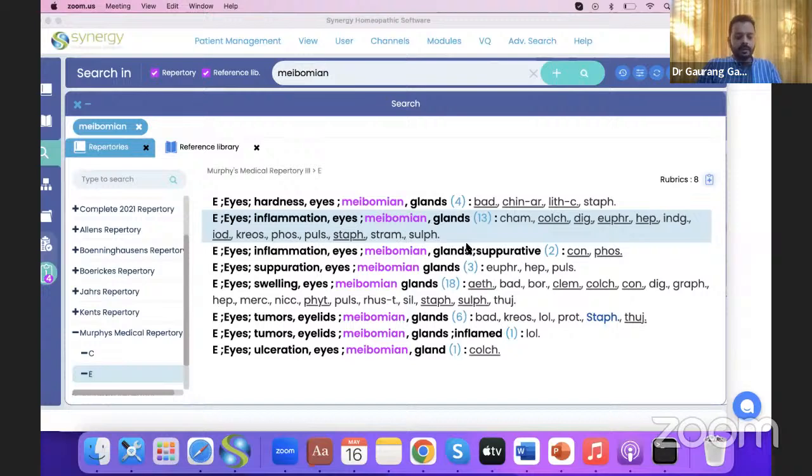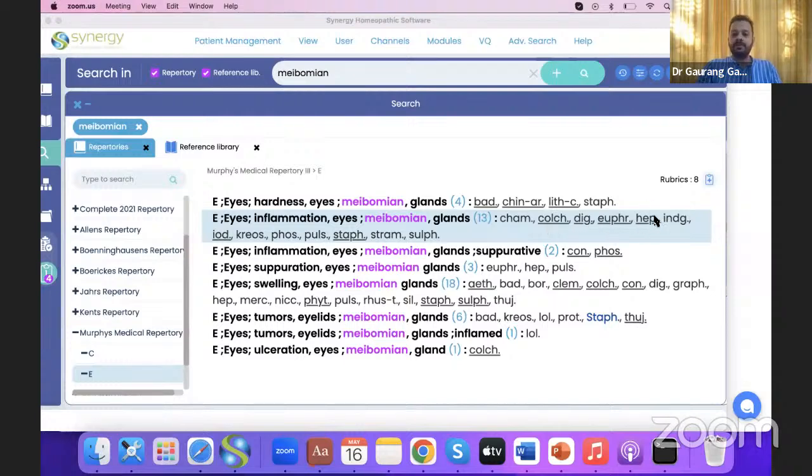Definitely, the first target as a homeopathic physician is to find the remedy for the patient, to individualize, to take the case, and then prescribe the remedy based on the deeper patterns. However, there are certain homeopathic remedies which have a specific action on the Meibomian glands, and a few of the remedies are useful in the initial stage.